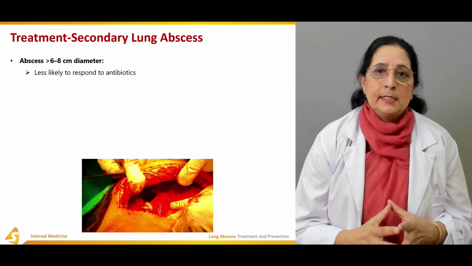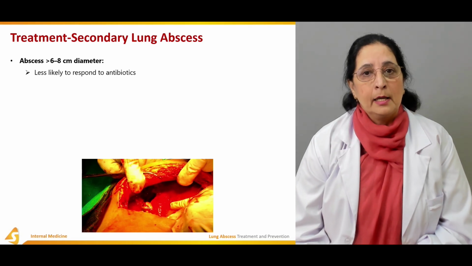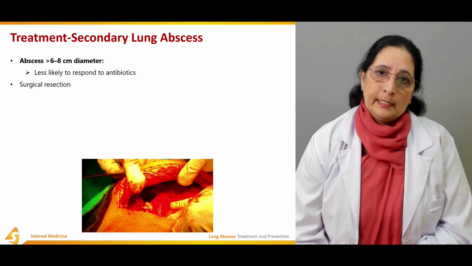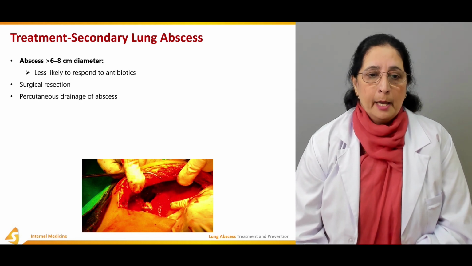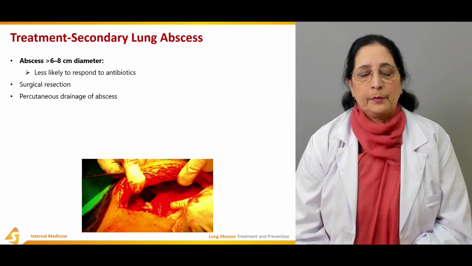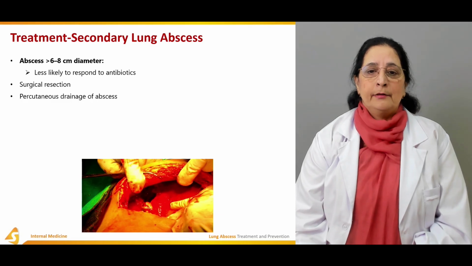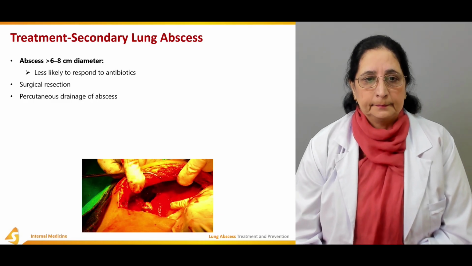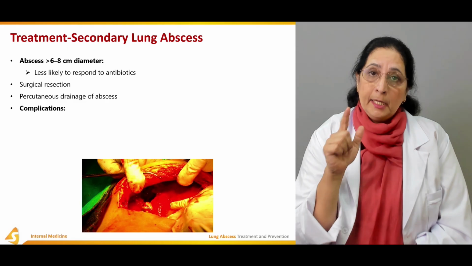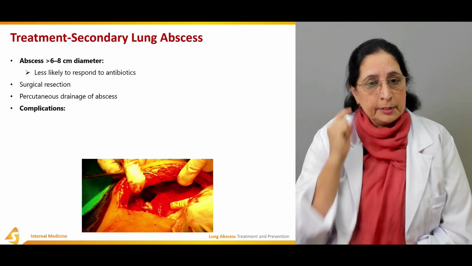If it's more than 6 to 8 centimeter, usually the antibiotics are not helpful. Surgical resection is done. Percutaneous drainage of abscess is performed in the case of secondary lung abscess that is more than 6 to 8 centimeter diameter.